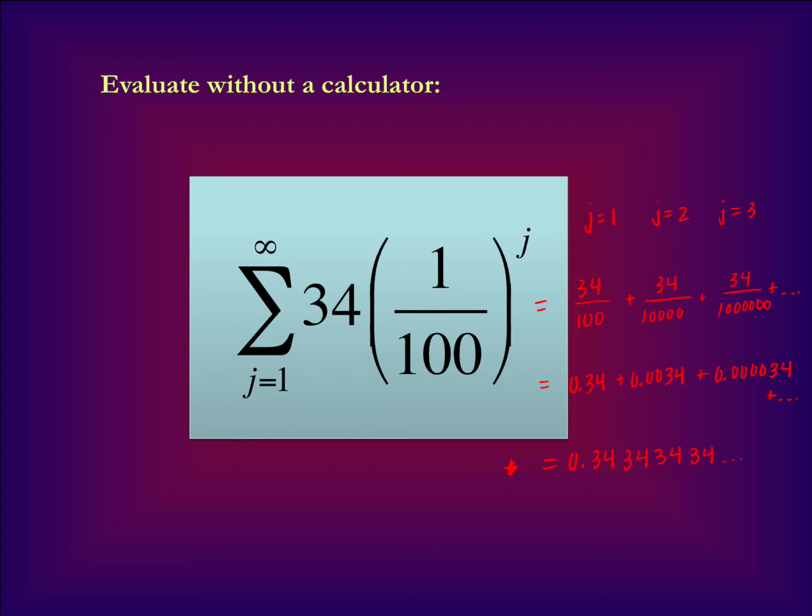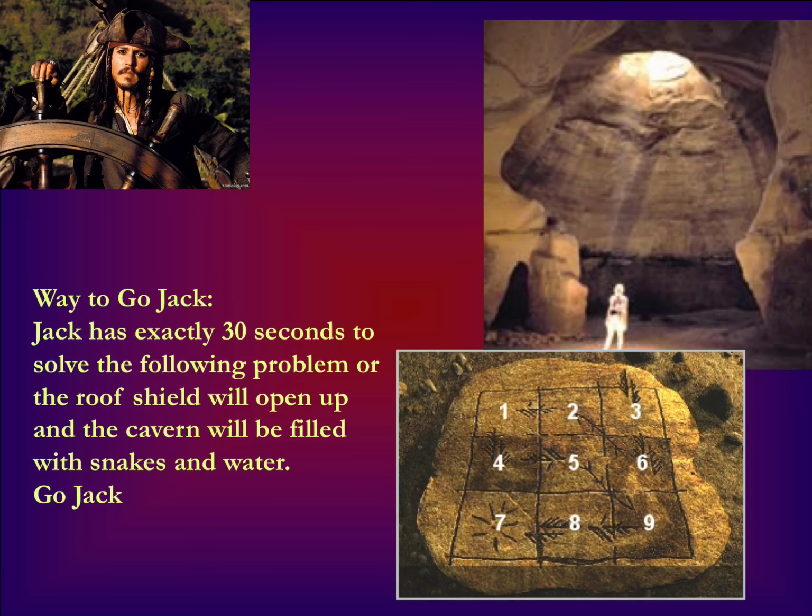So we just keep repeating the 34 over and over again. And we can try and figure out what that is as a fraction. If we do, we end up with 34 over 99. Okay, so there's our sum without a calculator of that series.